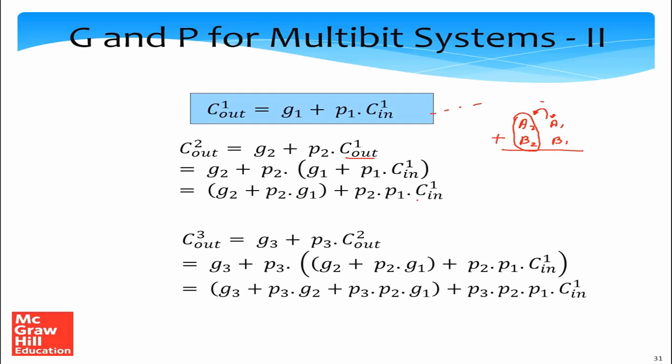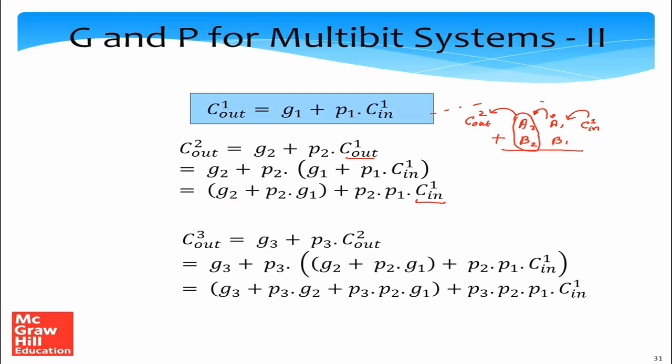So finally I have C out 2, the carry coming out, in terms of C in 1, the carry which is going in. So I finally have an equation in terms of C in 1 and the generate and propagate functions of the pair of bits.